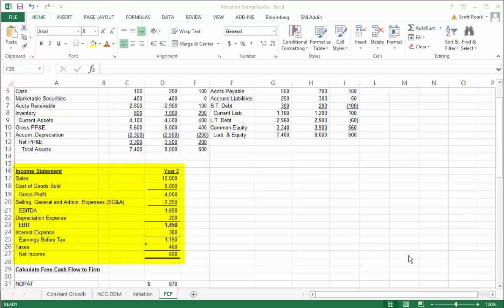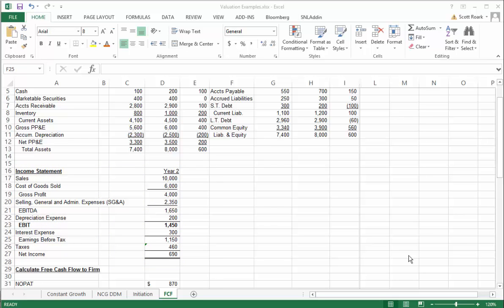Take away interest. That interest is the amount charged on our long-term and short-term debt together. We come up with the taxable income, earnings before taxes here. Our tax rate is 40%. That's the assumption here. And once we back out the taxes, we're left with net income of $690. So that would be the bottom line.